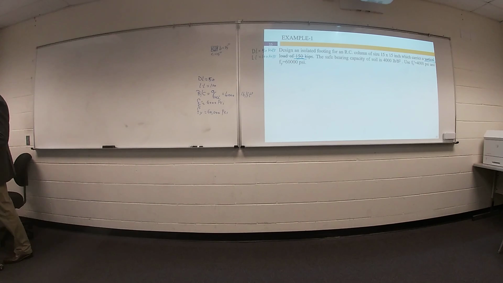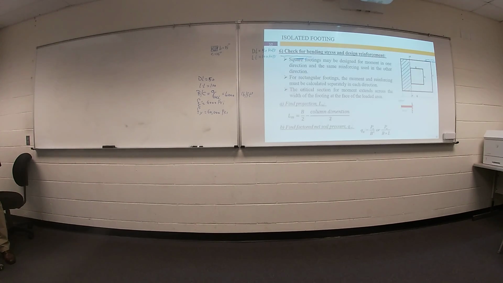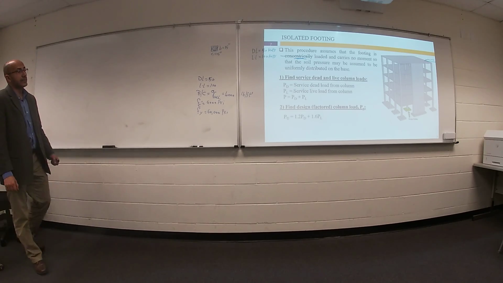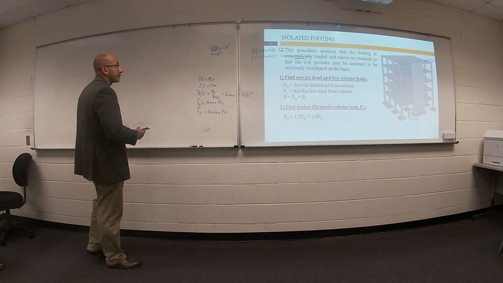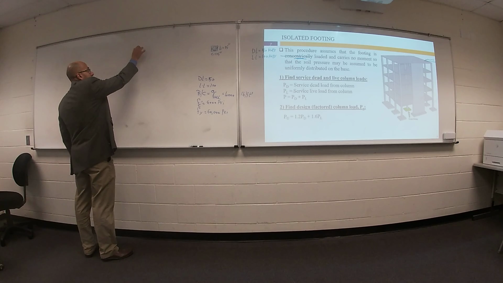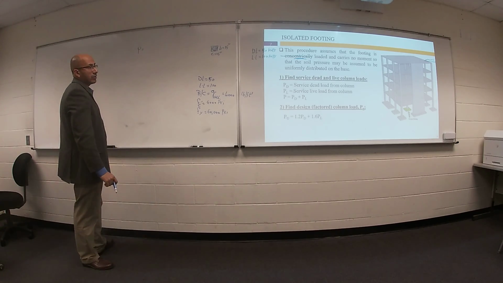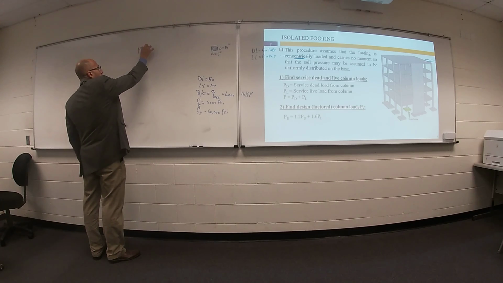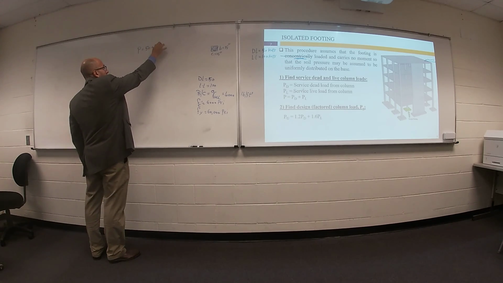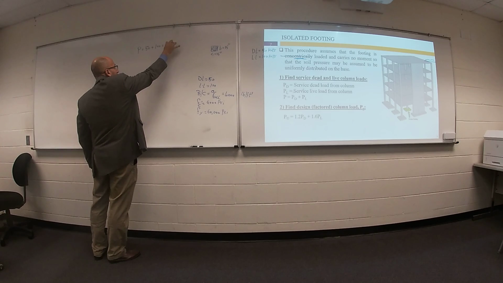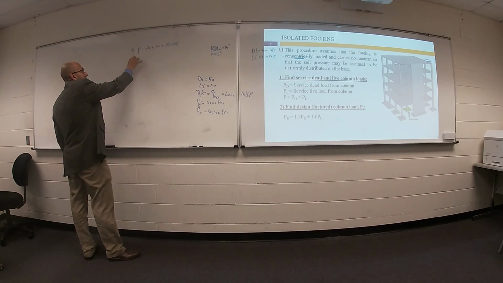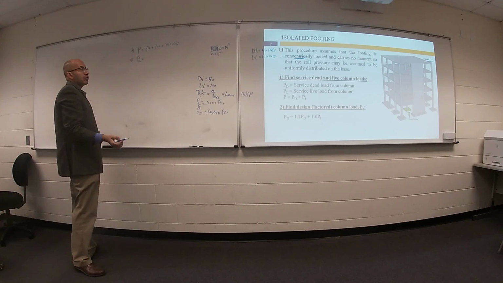Okay, let's start step by step. What was the first step? P, which is the service reaction on the column without any factor, equals 50 dead load plus 100 live load, equals 150 kip. Second step, what is the ultimate load? P ultimate, which is the factored load.